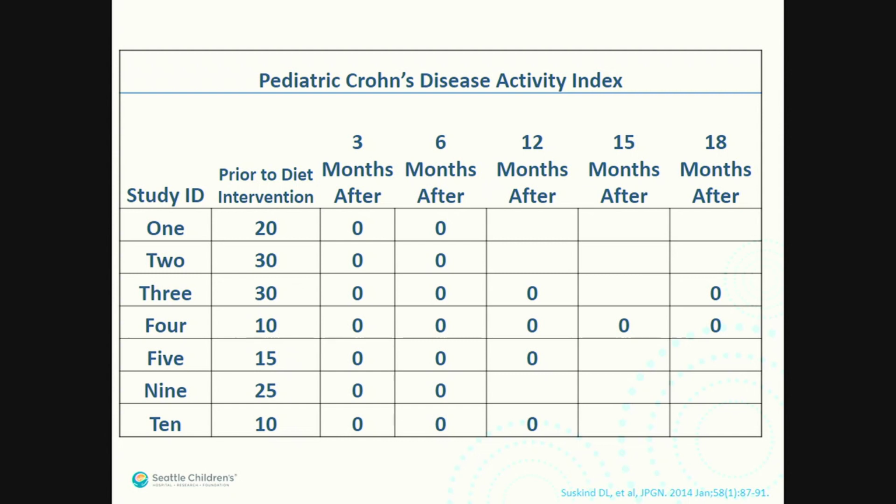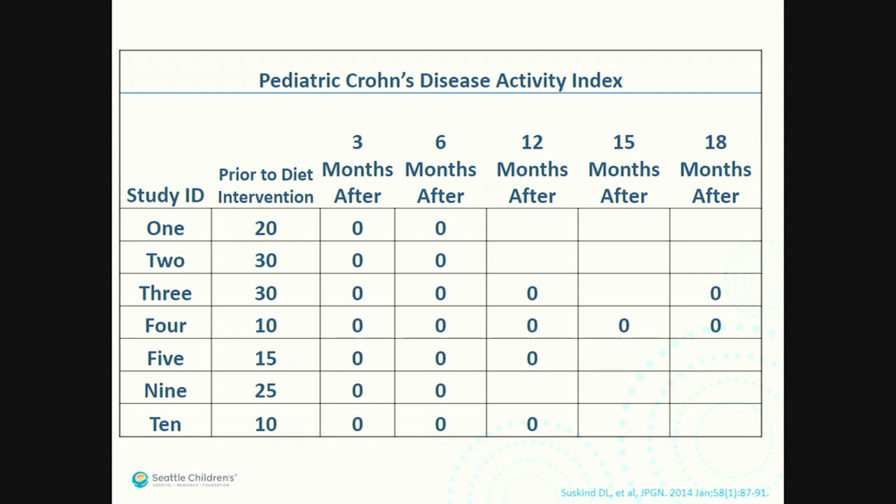This was our first study. This was a study in Crohn's disease, and this study looked at 7 patients who had decided to do dietary therapy as opposed to medication therapy. And when they started, they had mild up to moderate disease based on something called the Pediatric Crohn's Disease Index.